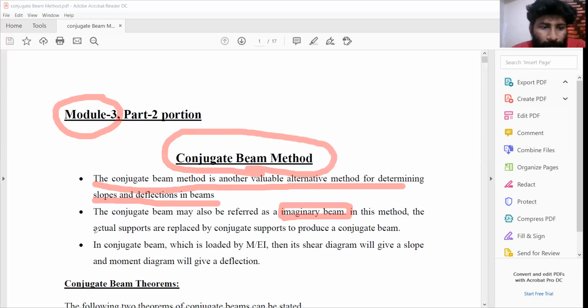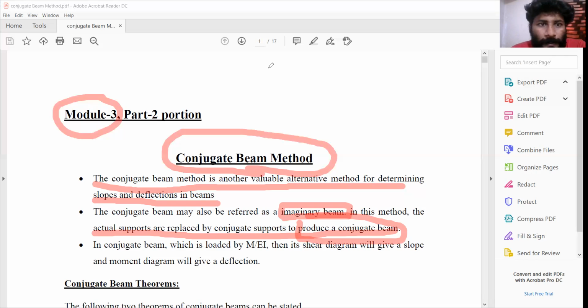In this method, the actual supports are replaced by conjugate supports to produce the imaginary beam. So how do we produce the conjugate beam? It can be produced by replacing the actual supports with conjugate supports. I will explain exactly what the conjugate supports and the conjugate beam are.